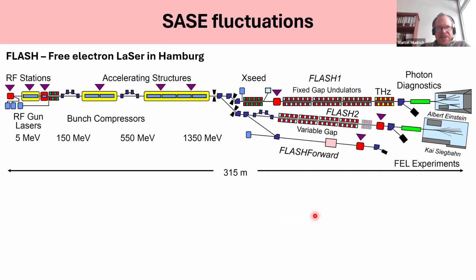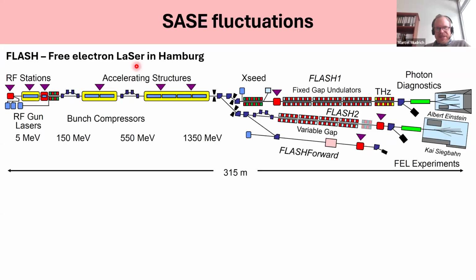Yes, and so actually just another reminder, the very first SASE free electron laser, maybe you remember, was actually not operating in the X-ray regime, but it was the FLASH laser, the free electron laser in Hamburg, which was actually a change of purpose of a linear accelerator facility that originally was designed for collision experiments in particle physics.